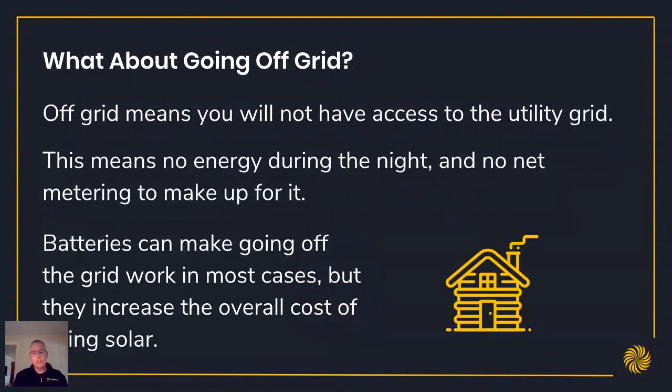On the other hand, some people are adamant about going off the grid, and they're willing to make some lifestyle changes to make that possible with a smaller and less costly system. So going off grid is possible. You just have to make sure that that's really what you want to do from a lifestyle standpoint or a spending standpoint. But those are all questions that we can help you work through.